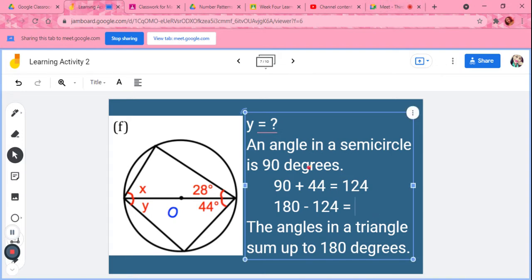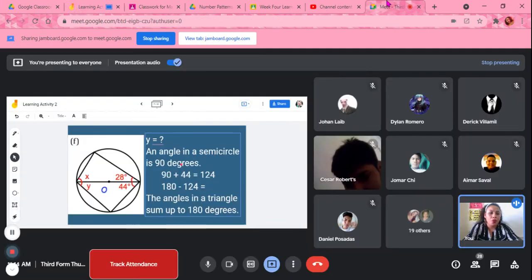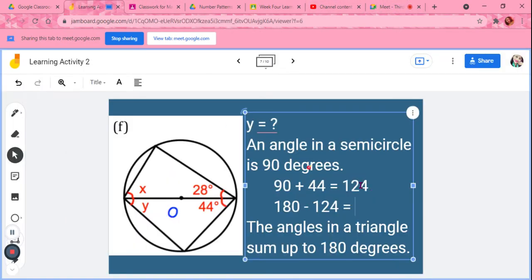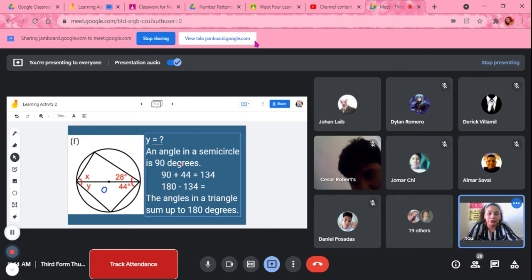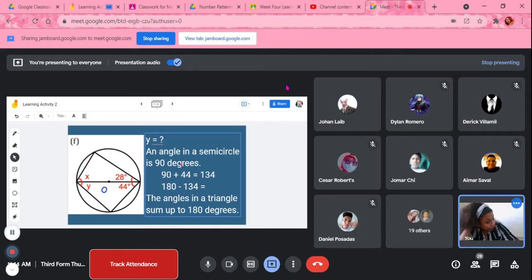For 90 plus 44 it should be 134. And then 180 minus 134 should be 46.